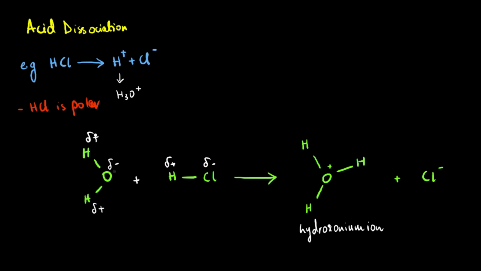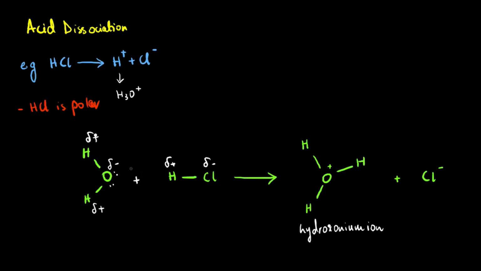Now we can see that the oxygen has a delta negative charge and the hydrogen of the HCl molecule has a delta positive sign. Now the oxygen will basically have two lone pairs, we already know that.